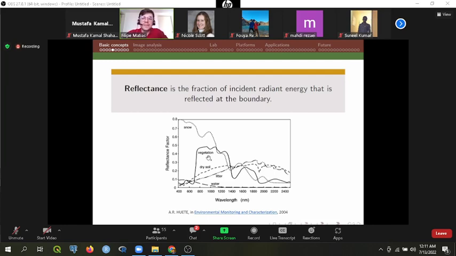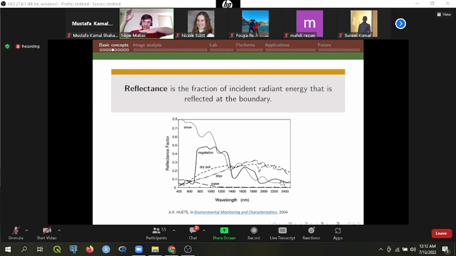As you can see, and as we saw in the previous slide, depending on the surface or the object that we are looking at, the reflectance is going to change in this spectrum as well. For example, snow has high reflectance here in the blue and visible region, going all the way down in the infrared with low reflectance. Okay.